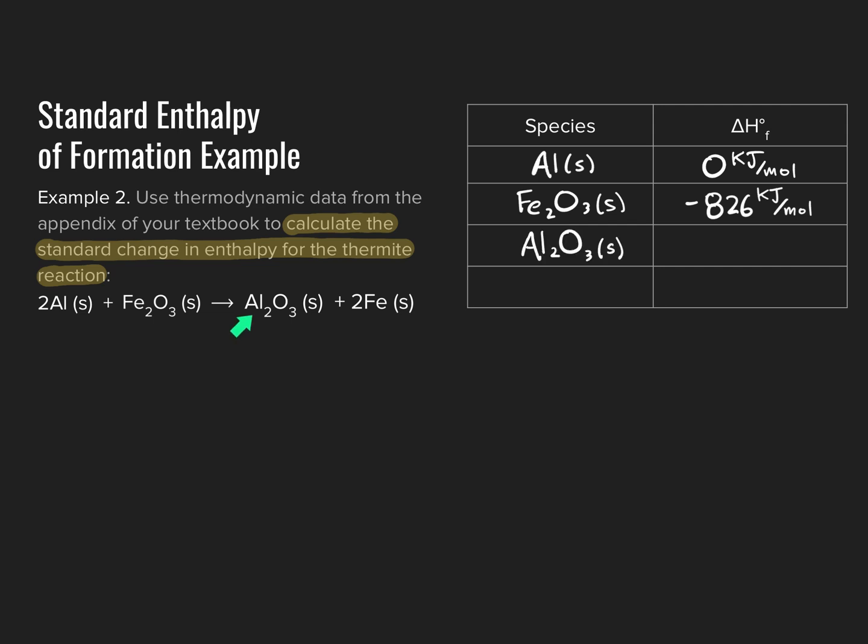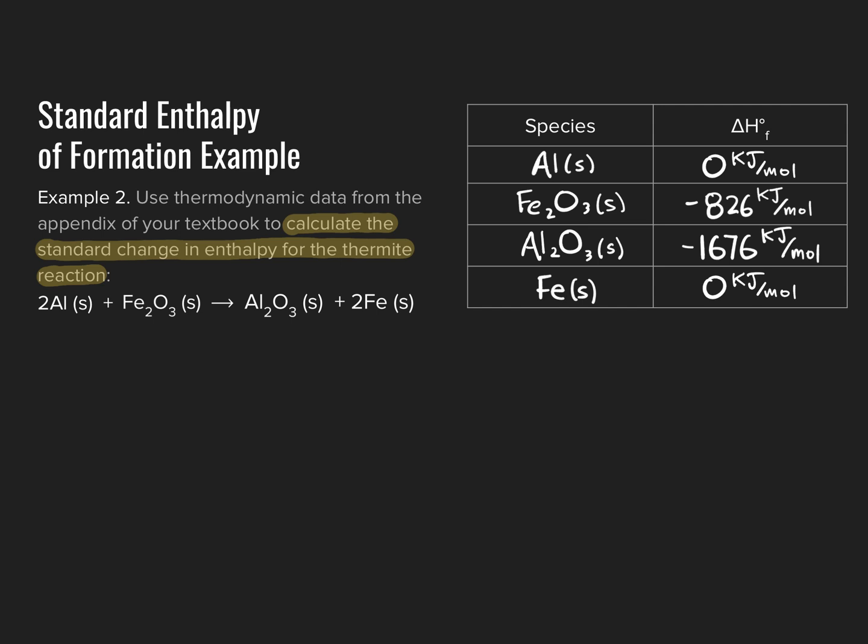That one has a standard heat of formation given to me out of the textbook as negative 1,676 kilojoules per mole of aluminum oxide formed. That is a very exothermic heat of formation. And then the last species present here, again, is the product elemental iron, which would also have a standard enthalpy of formation by definition of 0 kilojoules per mole, as that is already an element in its standard state. So I have now all of my data out of the back of the textbook for the heats of formation of each individual reactant and product species.